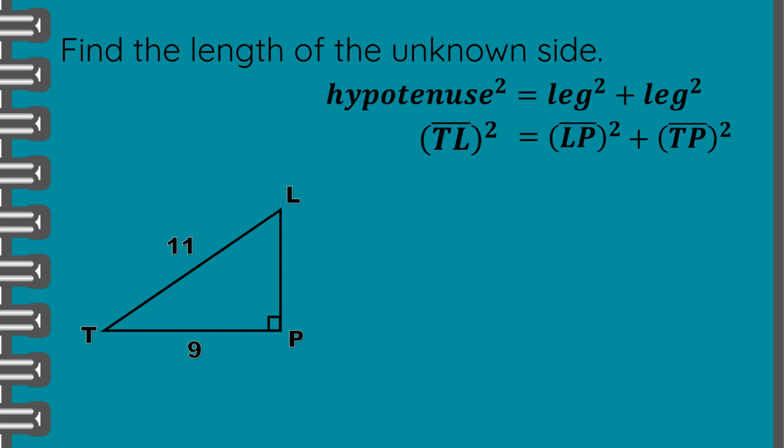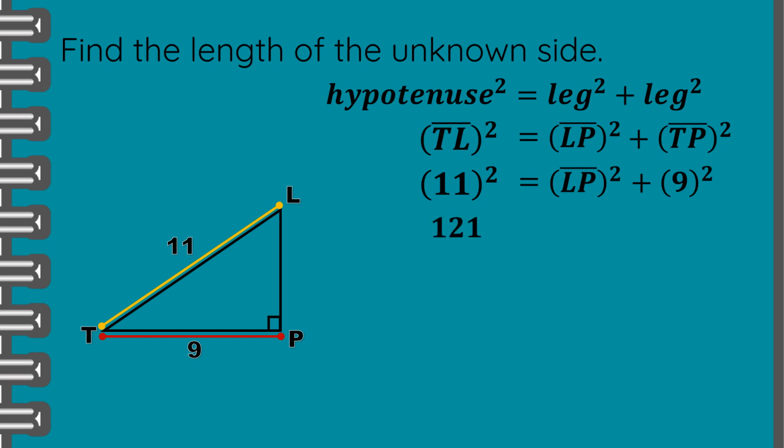By substitution, we can solve for the length of segment LP. Segment TL is 11 units long, and segment LP is the unknown. Then segment TP is 9 units long. The square of 11 is 121 equals the square of segment LP plus the square of 9 is 81.